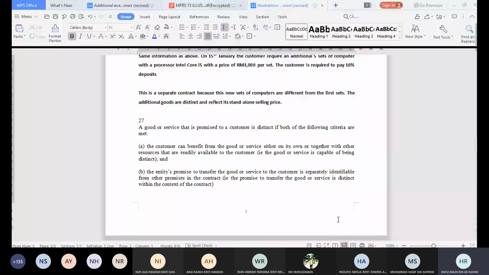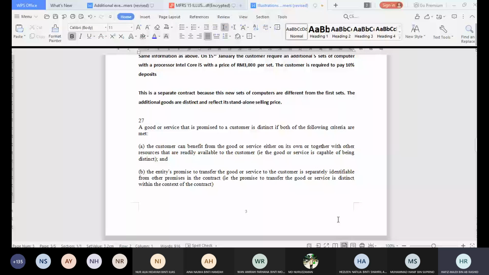If in the contract you only have one promise, most probably the product is not distinct, because you cannot separately identify different batches; you only have one batch of delivery. So if you can separately identify it from other promises, that might lead toward a distinct characteristic.